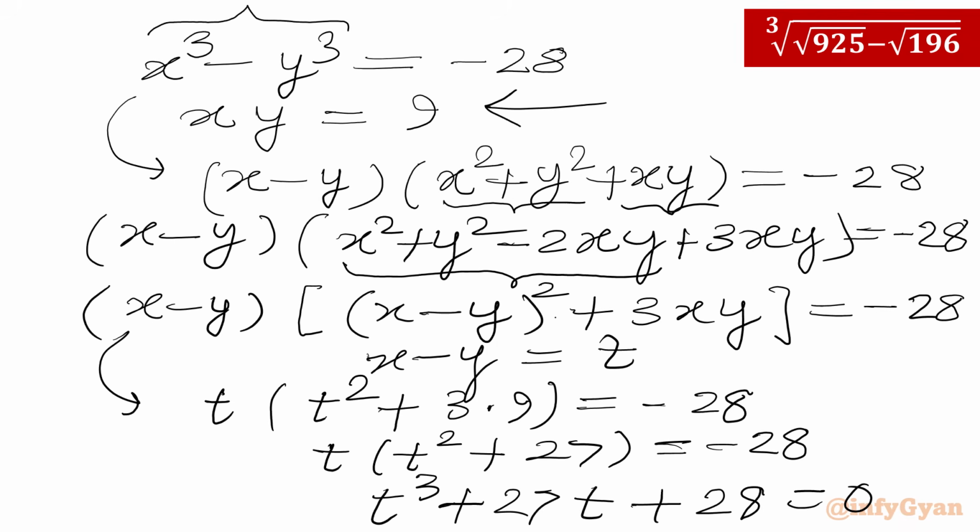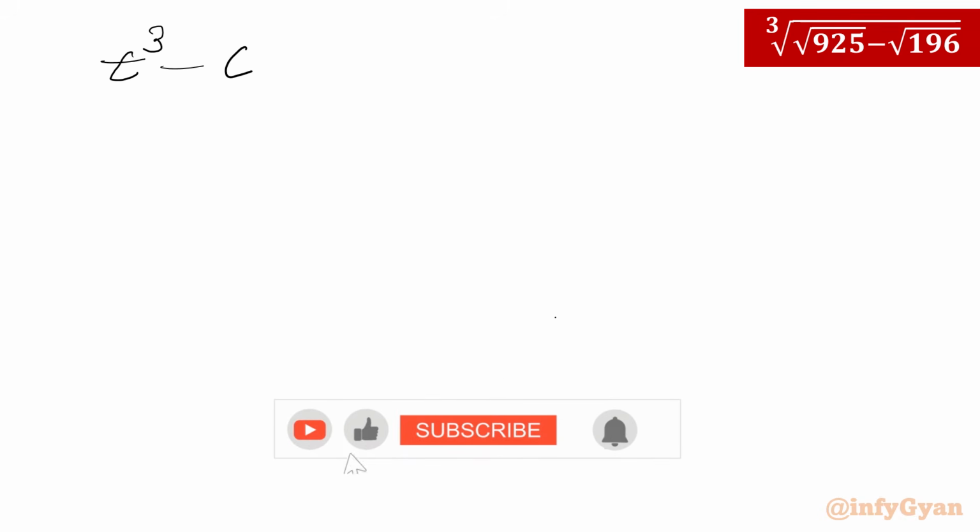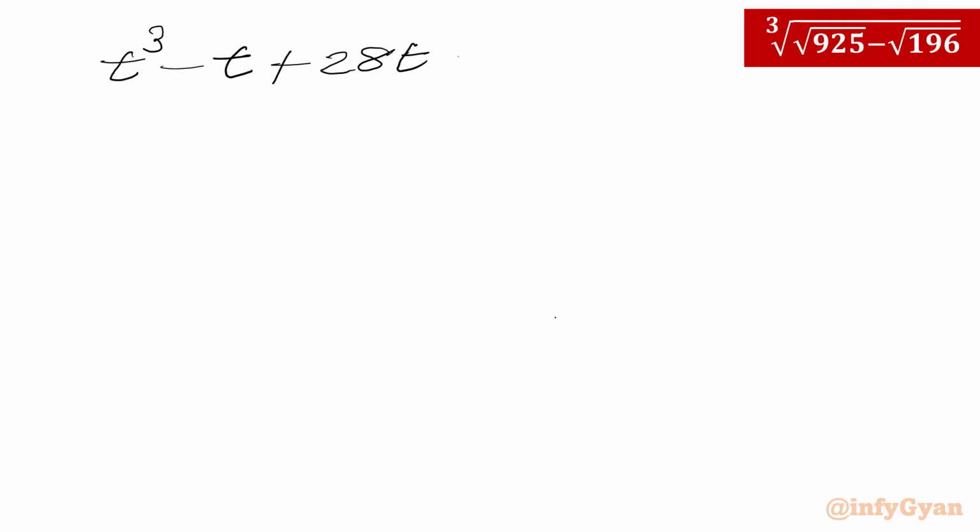So we can split our middle term 27t, 28t minus t. So let me write equation t cube minus t plus 28t, which is plus 27t. Then we have plus 28 equal to 0.